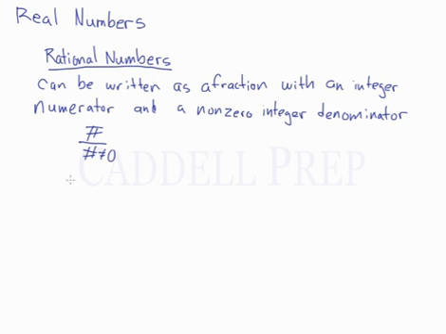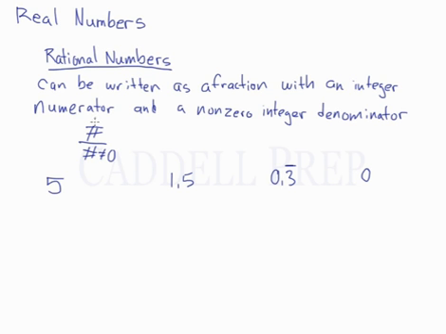So examples of rational numbers are 5, 1.5, 0.3 repeated, and 0. Let's see how these match up with this definition.